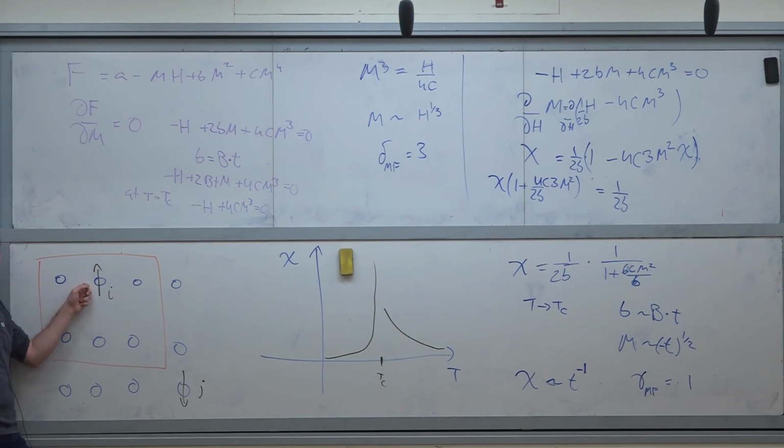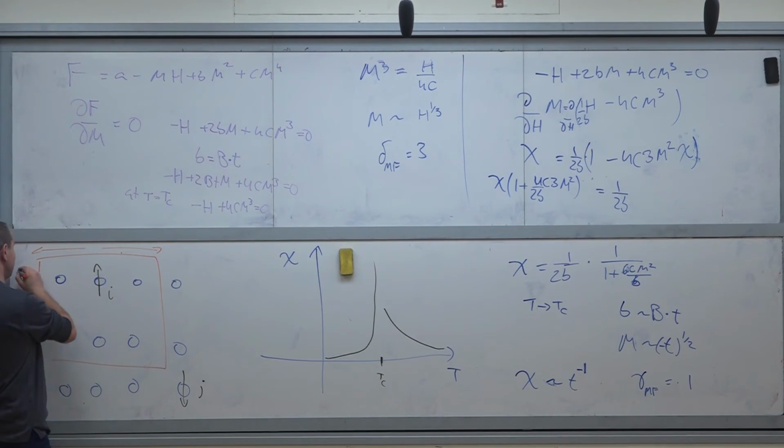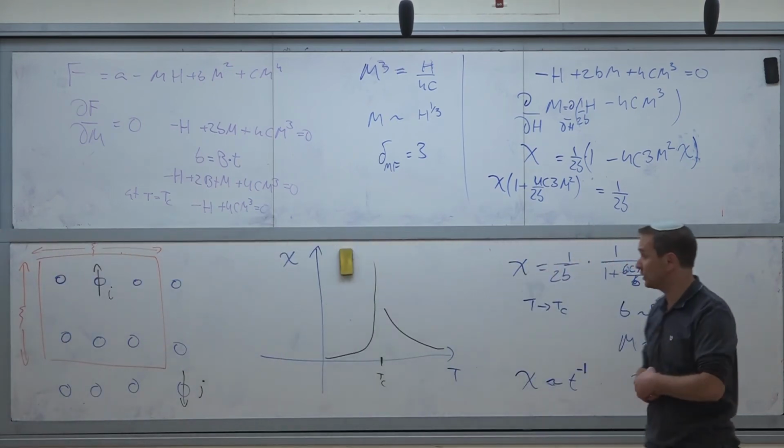They all start to behave in a very correlated manner. When one of them is up, everybody is up. When one of them is down, everybody is down. Now, the size of this cluster is usually described by some length, which is zeta over here.